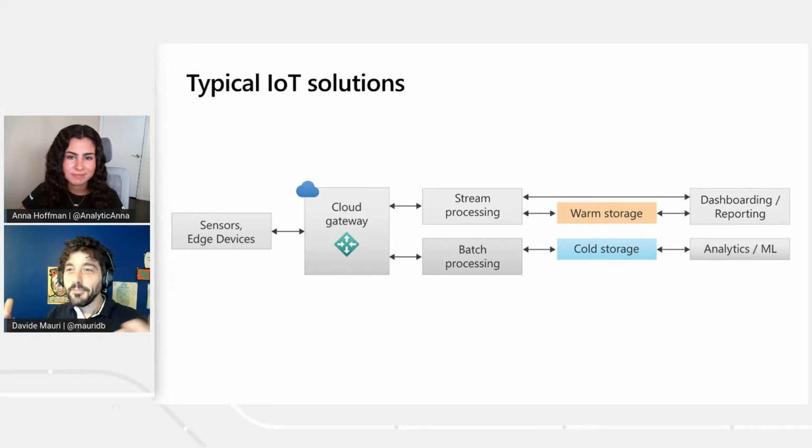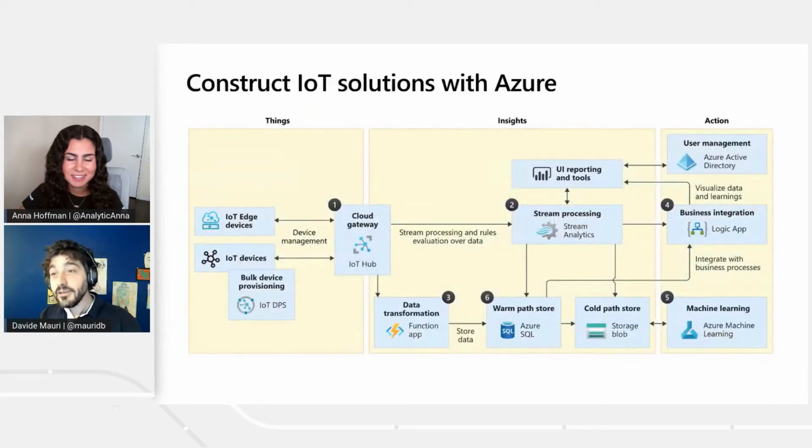Now, it may not seem so simple, but actually it is, at the end, even because Azure provides quite a lot of services that really fit well in each of these sections I just described, right? So, as you can see here, we have laid out a possible solution, right?